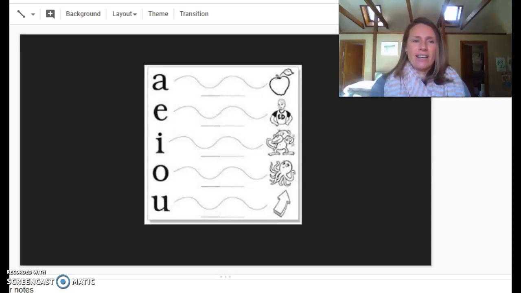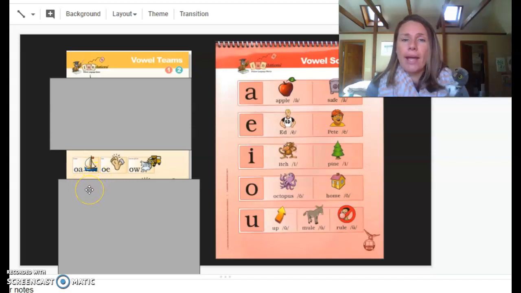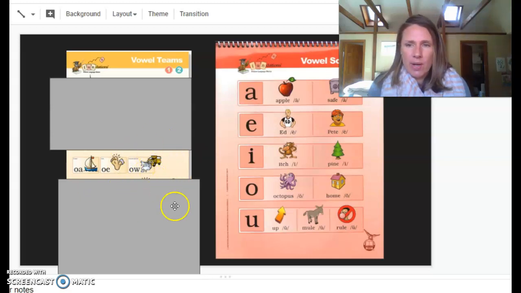Great. And now let's look at these right here. So far this year, we've talked about OA, boat O, and OE, toe O. And today, we're going to talk about this picture right here. I know it's a little tiny. I'll get a bigger one in a moment. But it's OW.